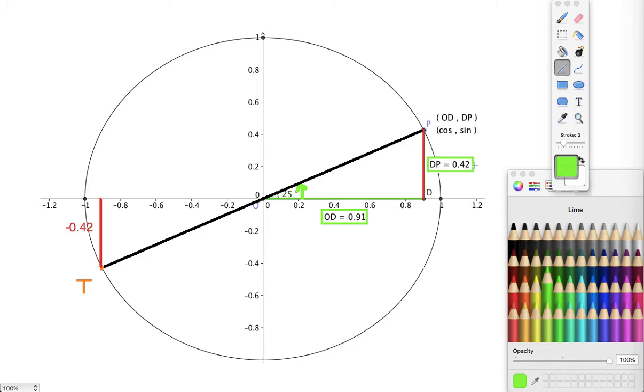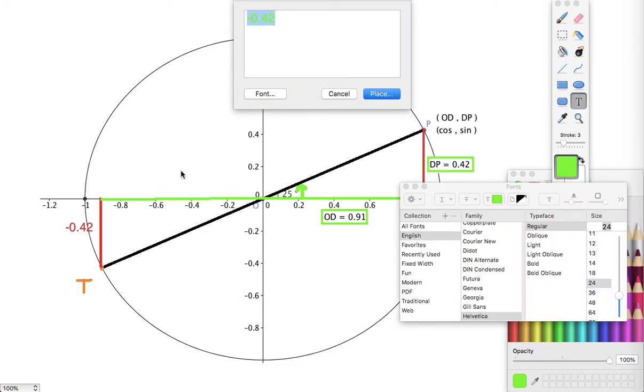For point P, your x coordinate was 0.91. For point T, it is the same, but just negative 0.91.